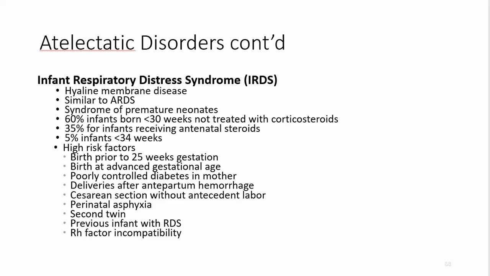Poor oxygen delivery around the time of birth, so asphyxia from a cord wrapped around, mothers having hemorrhaging before birth, sometimes a second twin, RH incompatibility can lead to this as well, especially if it's not treated.